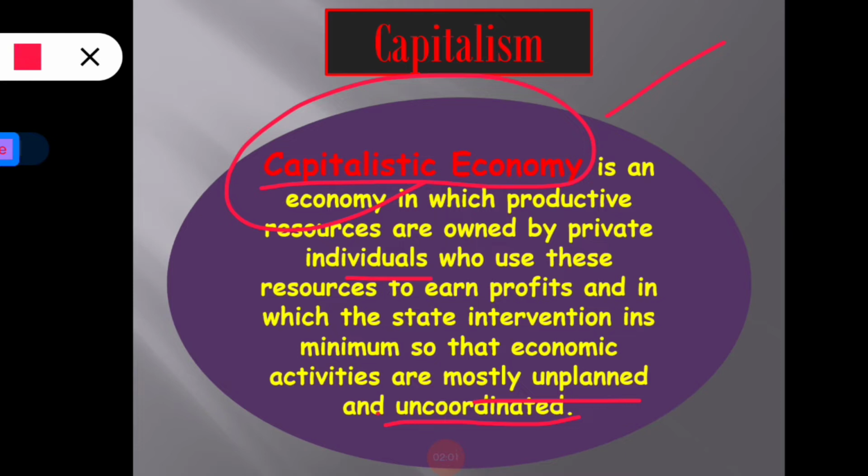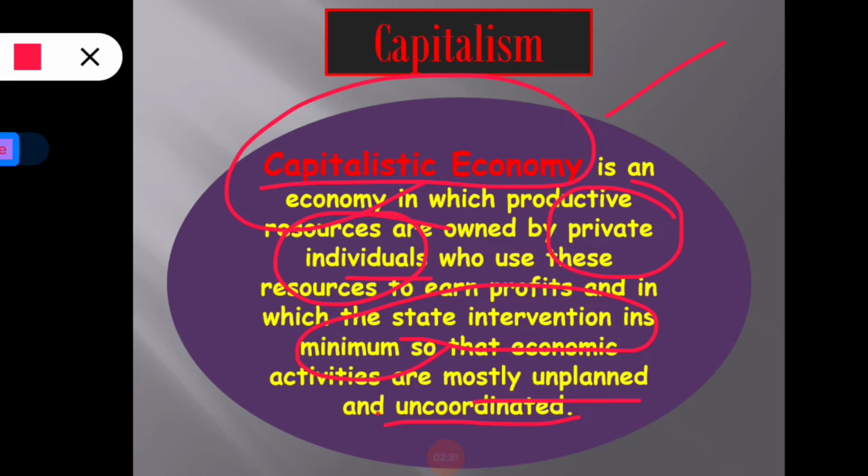So, learner, what do you mean by a capitalistic economy and capitalism? In this definition, we can see productive resources are owned by private individuals only. Now, going to the second point, there is no or minimum state intervention. And now going to the third important point, that is economic activities.